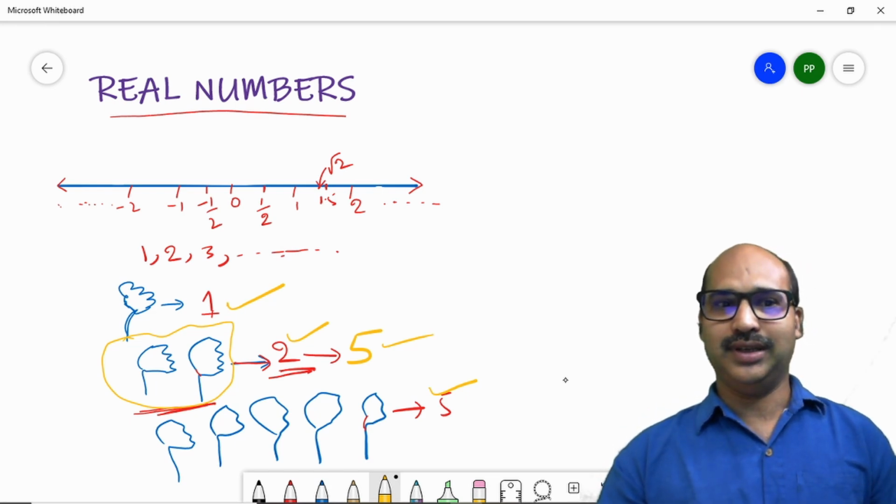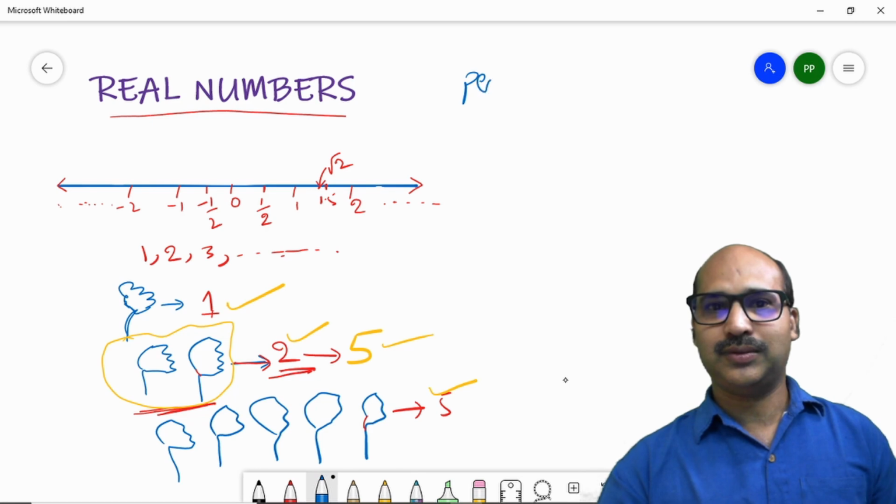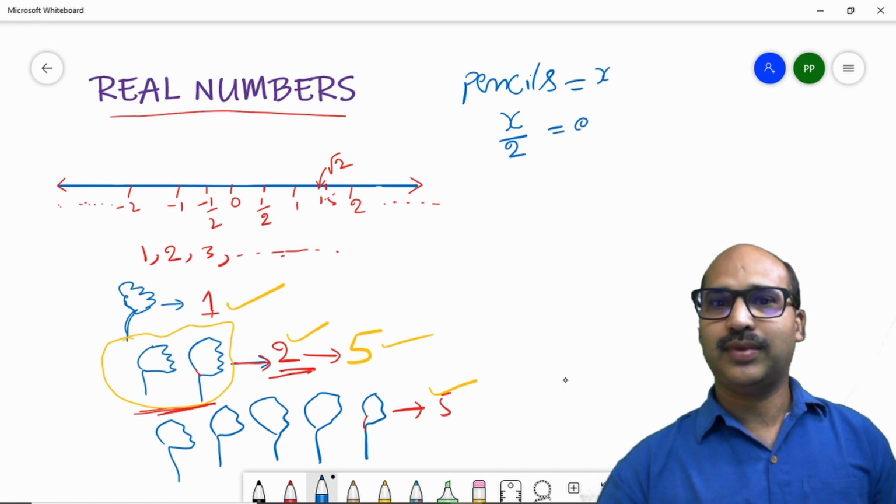For example, here you can assume pencils is equal to x. If the x number of pencils are divided among two children equally, then some quotient q plus 1 is left. Why this one here? This one is left.